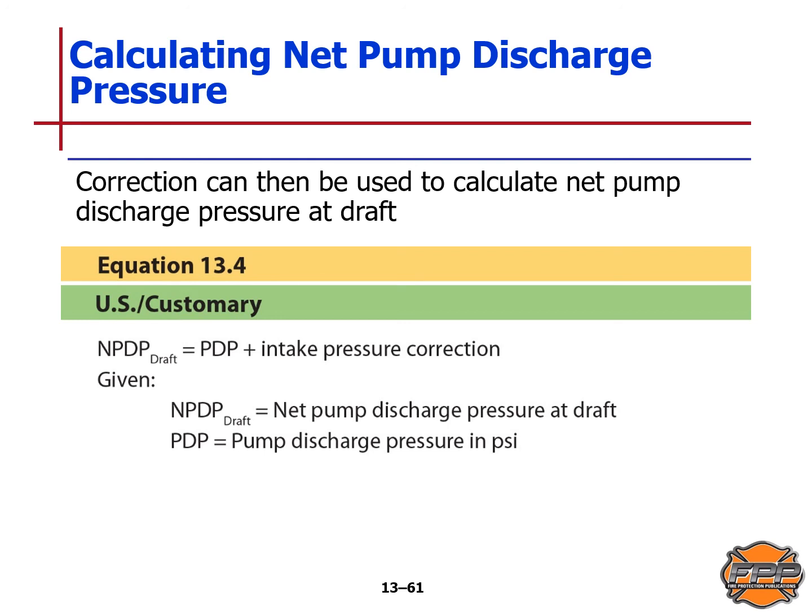Now let's talk about correction that can then be used to calculate net pump discharge pressure at draft. This is from equation 13.4 in your book. NPDP draft equals PDP plus intake pressure correction, given that NPDP draft is the net pump discharge pressure at draft and PDP is the pump discharge pressure in PSI.